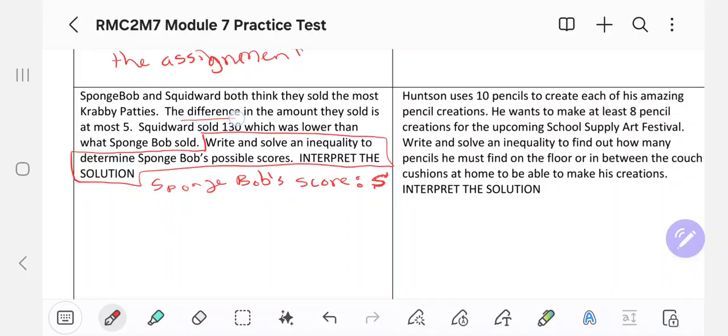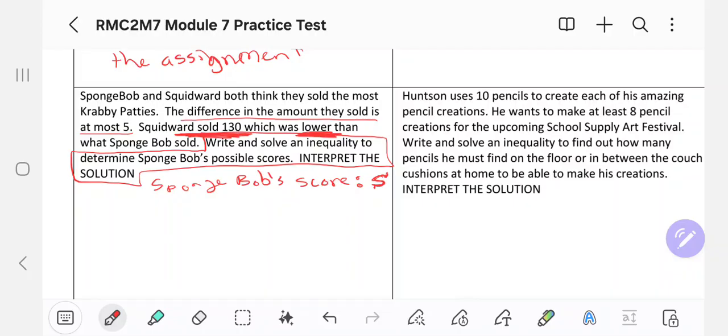The difference in the amount they sold is at most 5. Squidward sold 130, which was lower. So why does it help to know that that was lower than what SpongeBob sold? Well, because when we find a difference, we want to know which one was higher, which one was lower, and we'll put the higher one first.